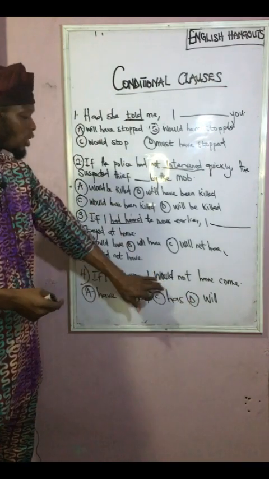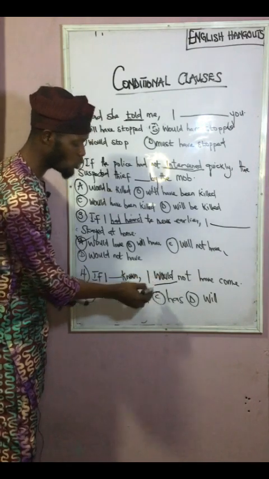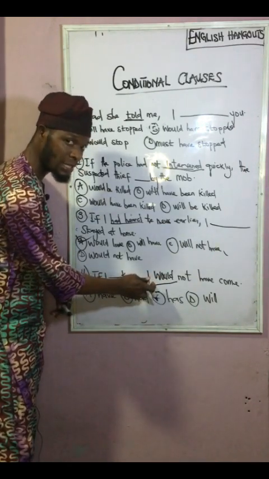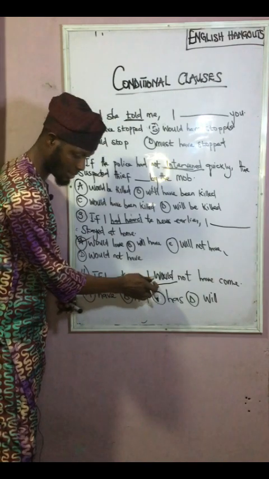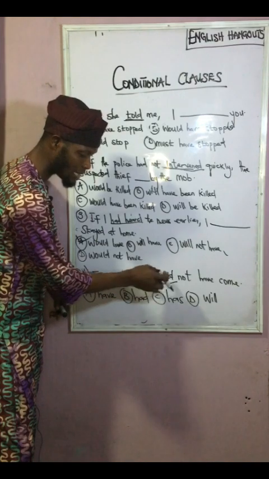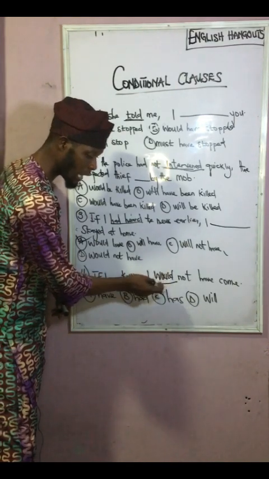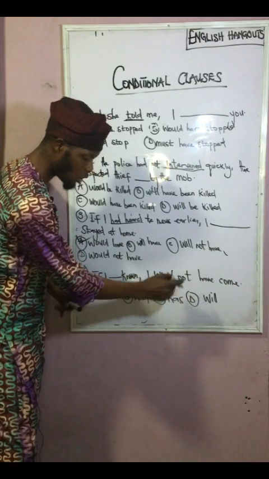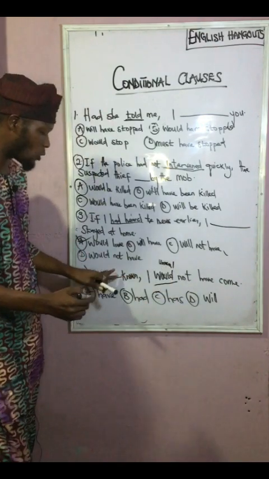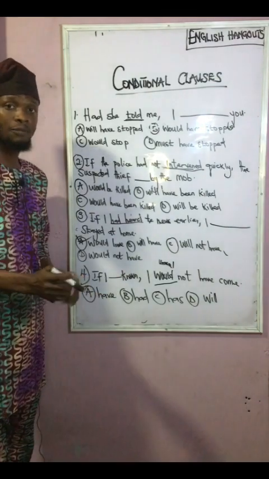If you look at the second clause, what we have here is would. Would here indicates that this particular event being talked about also is a past verb, a modal auxiliary verb in the past form, as well as being a what? An unreal condition. I would not have come. Therefore, the verb that must complete this expression should also be in the past tense.